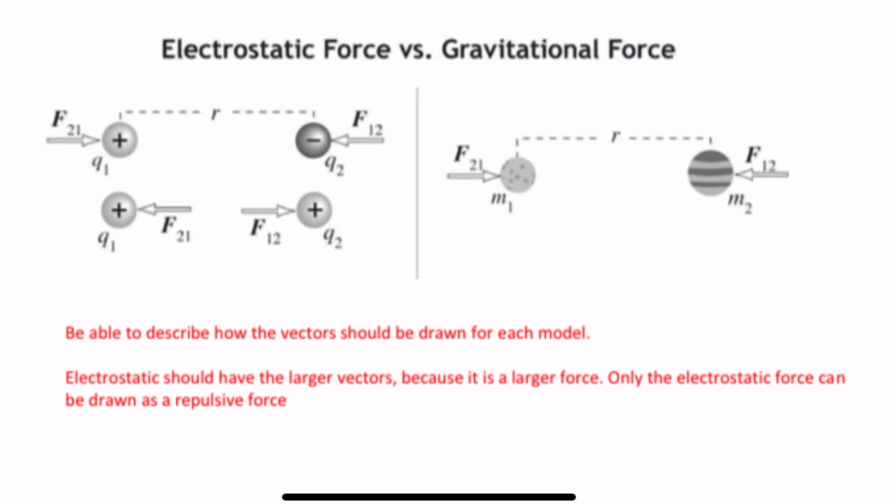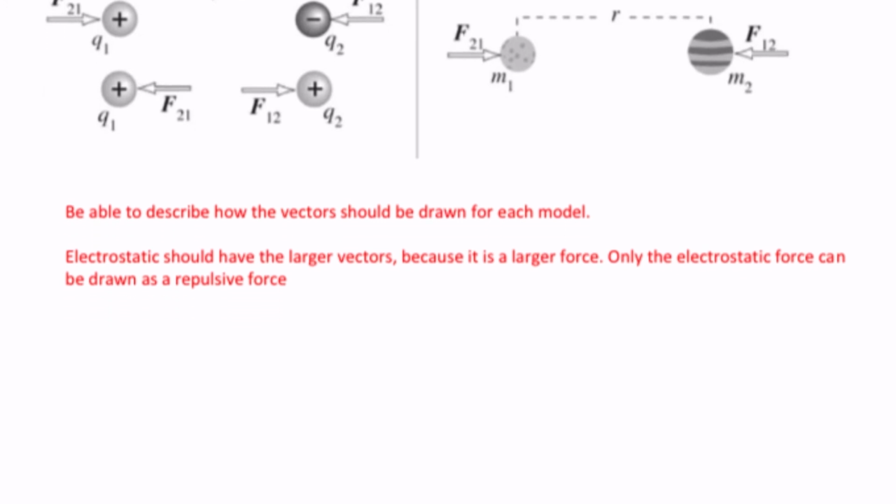There's another diagram. This is gravitational because you can see the M1 and M2. This is the charges with the Q's. I don't know why it's an R, but that is the distance between them. You can see how these are going in together because they are opposites, and these are positives, so they're going away from each other, and this is just going straight in because they are attractive.